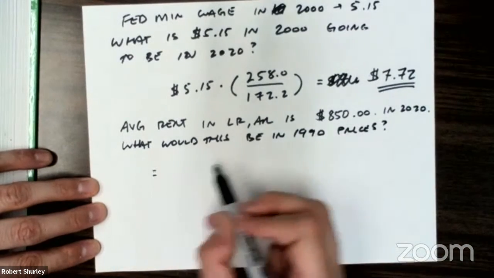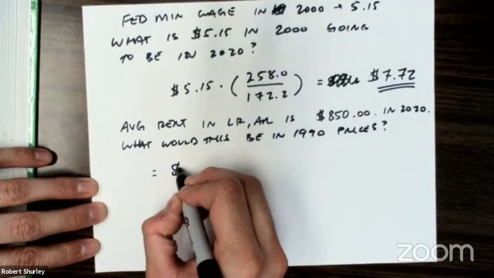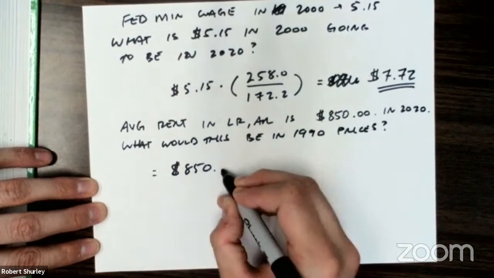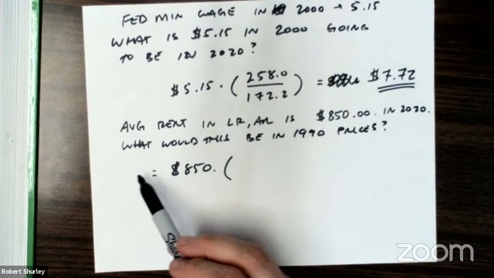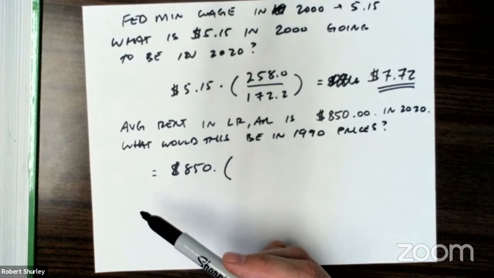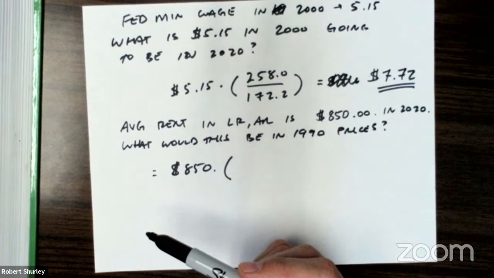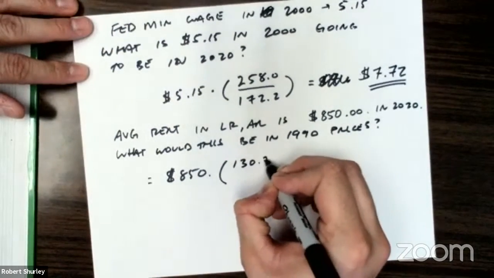Now remember, we're going to start with the amount we know. So $850 times, now we need the CPI for what we're looking for. I have to go back to the book, and the CPI in 1990, your book tells us, is 130.7.